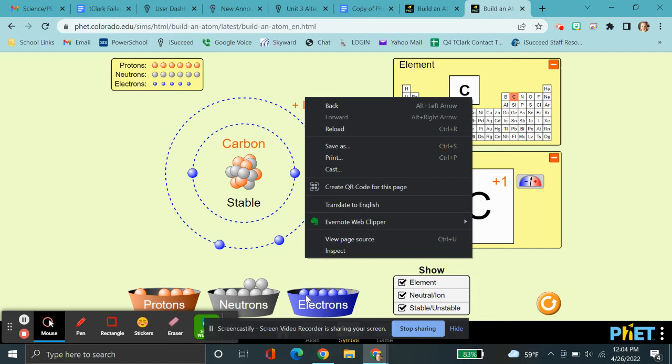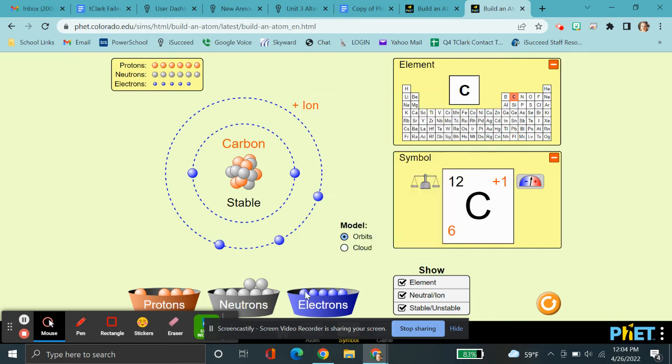Now we have a neutral carbon atom. You could take one away and do boron. You'd say boron 11, like the carbon 12, and use the symbol B. You can take away even more protons, or you could add more protons.